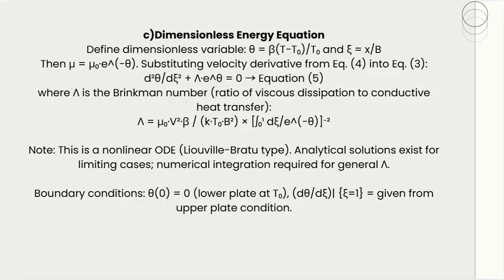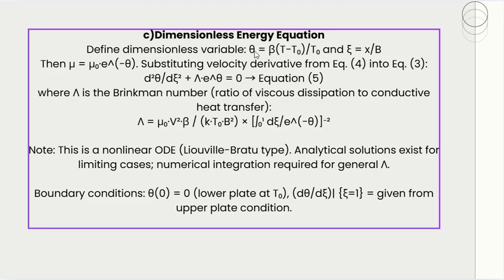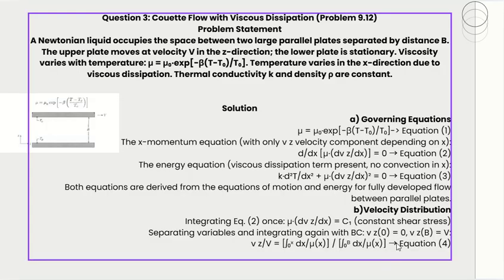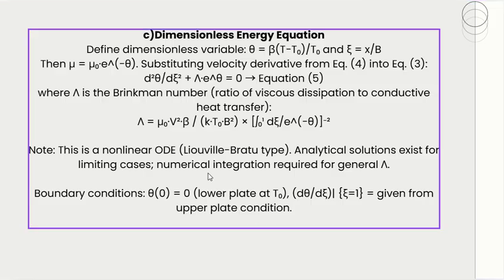Next, we'll go to C part, which deals with the dimensionless energy equation. First, we'll define the dimensionless variables. Theta is beta into (T minus T naught) upon T naught, and epsilon is x upon b. So then mu is mu naught into e power minus theta, and substituting the velocity derivative from equation 4 into equation 3, we get d2 theta upon d epsilon square plus lambda into e power theta equal to 0.